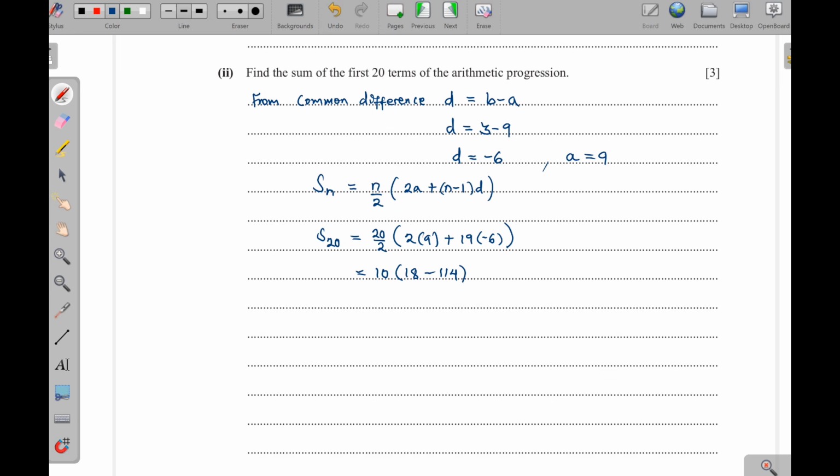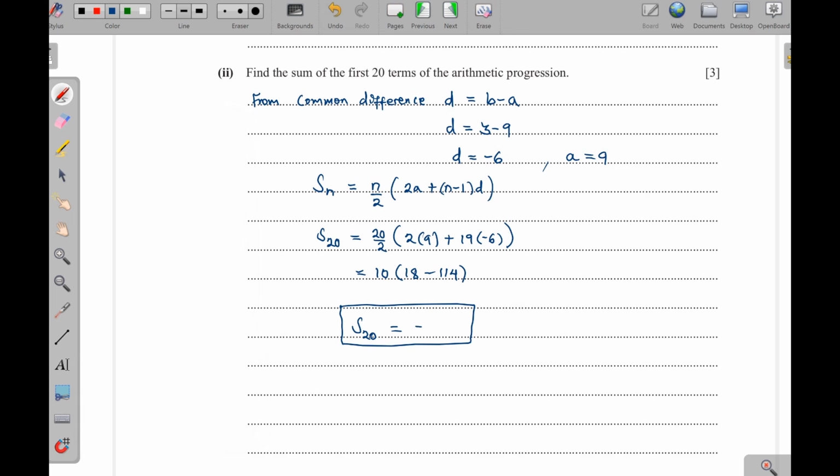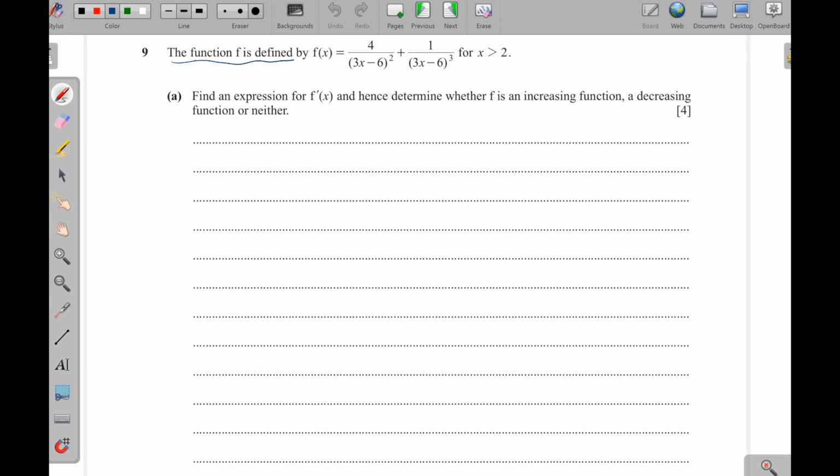Then altogether, the sum of the first 20 terms of the AP is going to be equal to 10 into 18 minus 114. Our answer is negative 960.